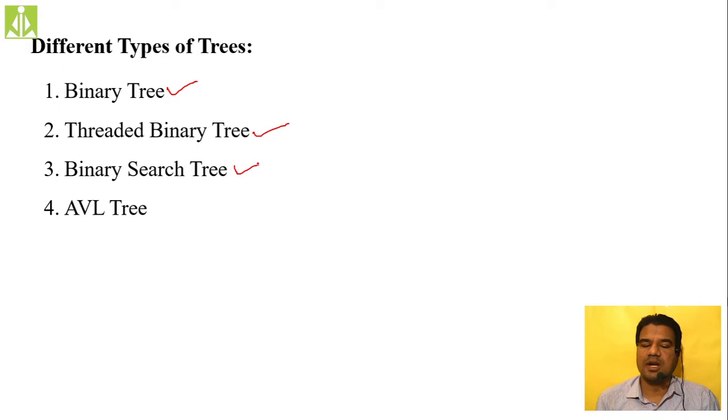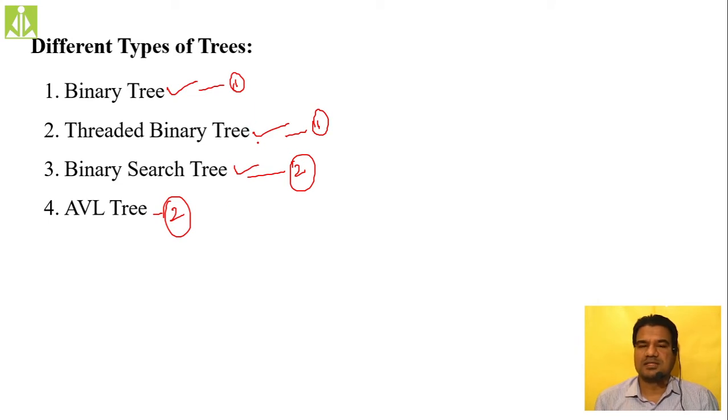Both discussions we will do, but binary search tree requires two classes. This AVL tree will take up to two more classes. So overall, six classes including today's class, or hardly 5 sessions, I will try to wind up this entire trees concept.